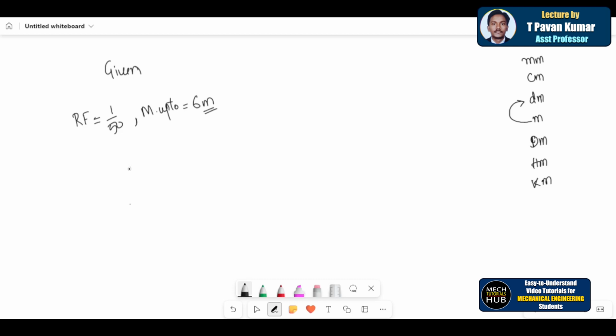You should understand this. Now we need to calculate length of the scale, that is equal to RF multiplied by maximum length, that is equal to 1 by 50 multiplied by 6 meters given. Again that we need to convert. 1 meter is equal to how many decimeters or centimeters.